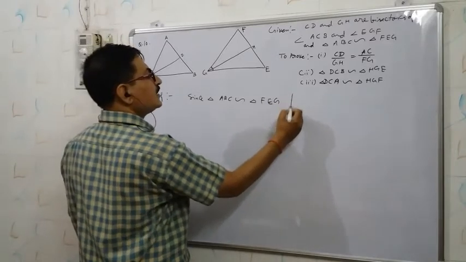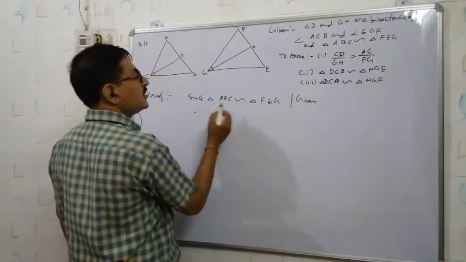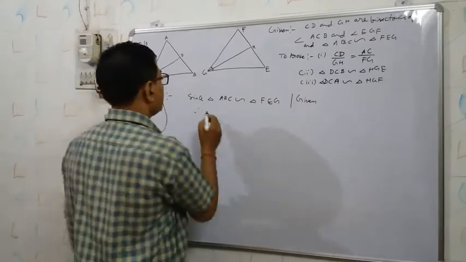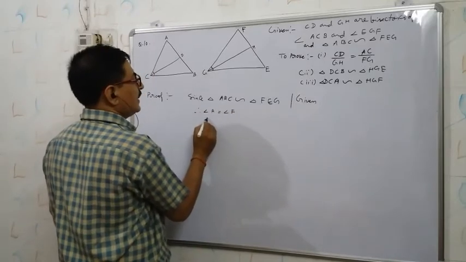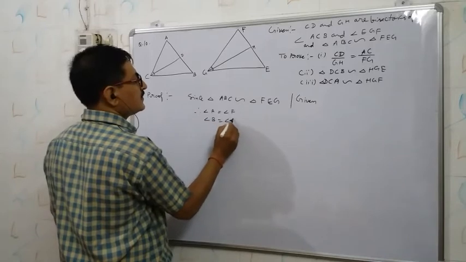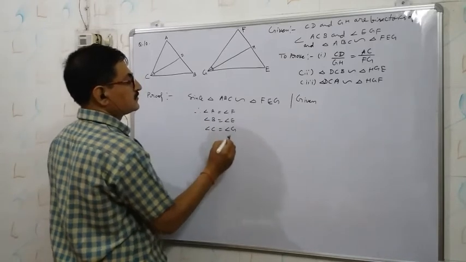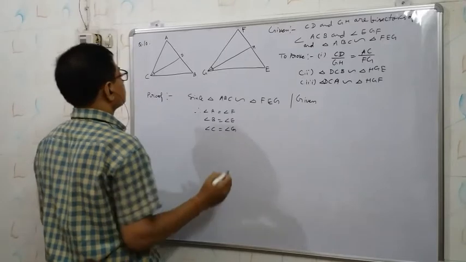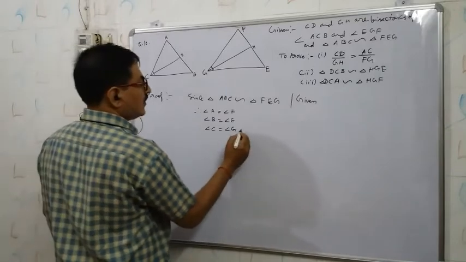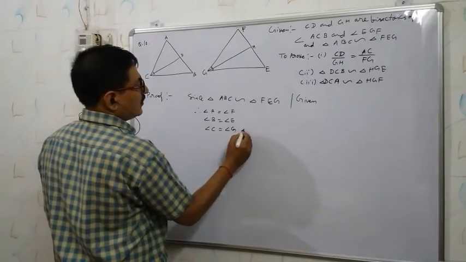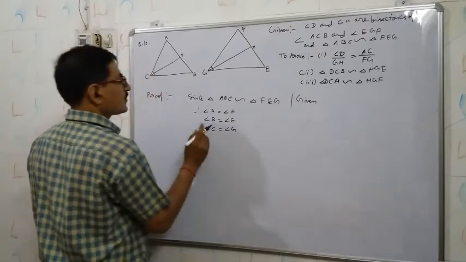If they are similar, then we can write that, because similar triangles are equiangular, angle A equals angle F, angle B equals angle E, and angle C equals angle G. Okay, this we can write. This is the information we have got.